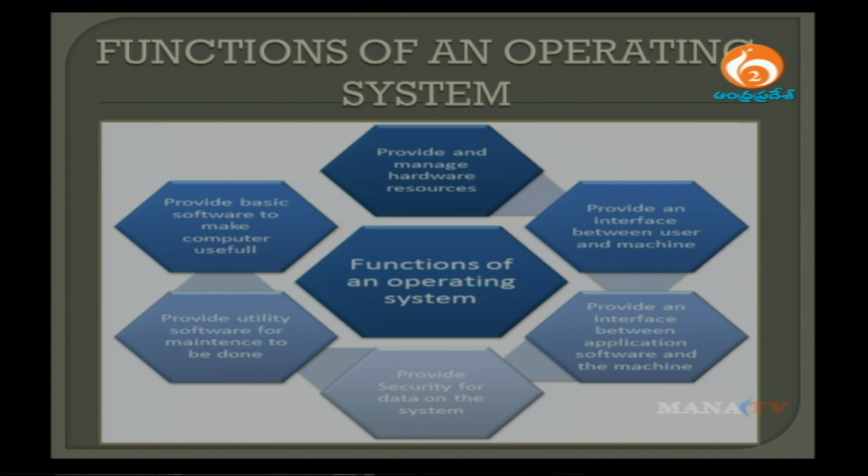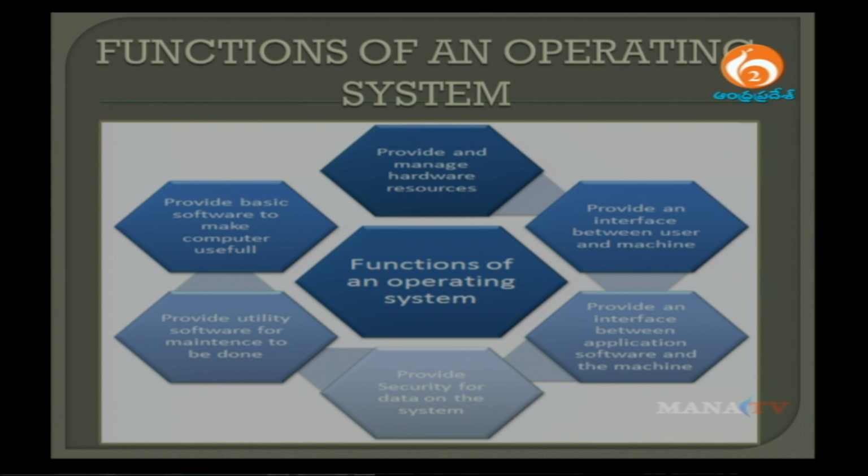So, first always remember, the first function of an operating system is providing and managing hardware resources, and then it provides an interface between user and machine, and then an interface between application software and the machine, and then it provides security for the data on the system.